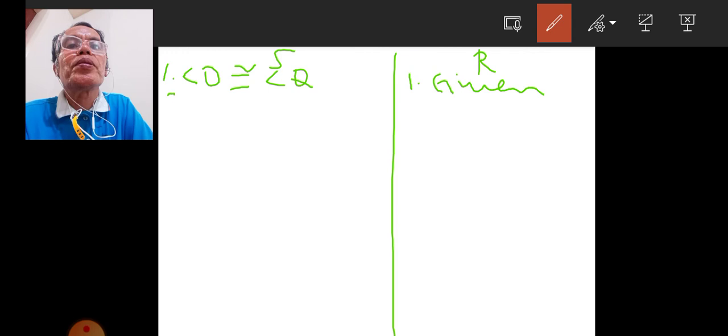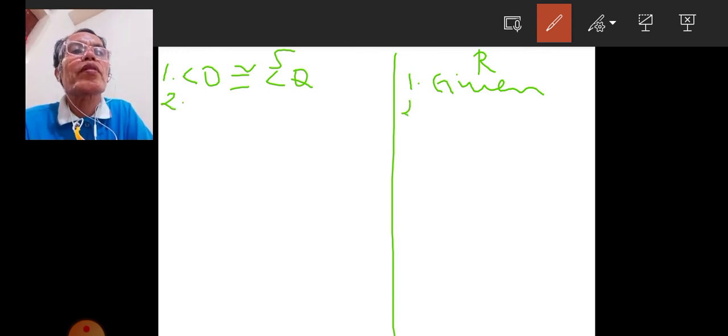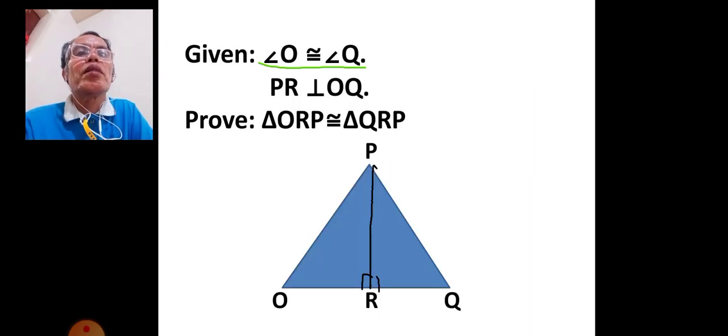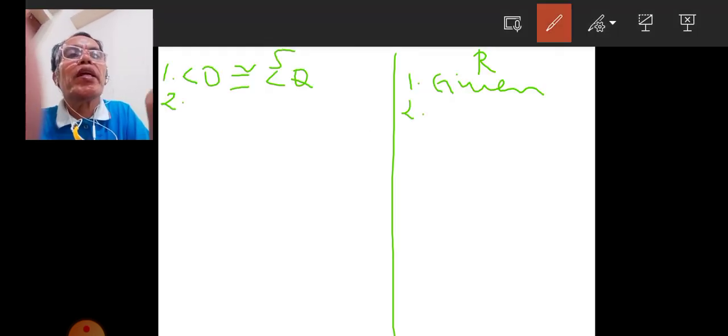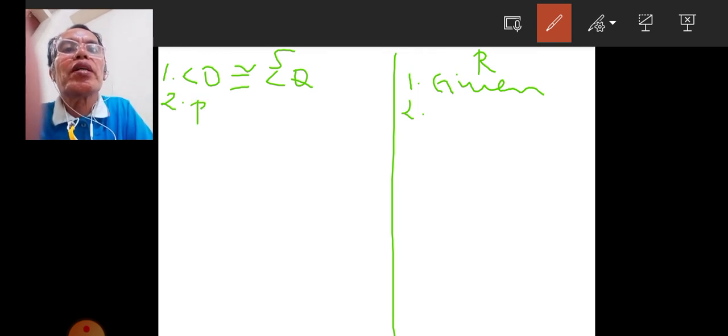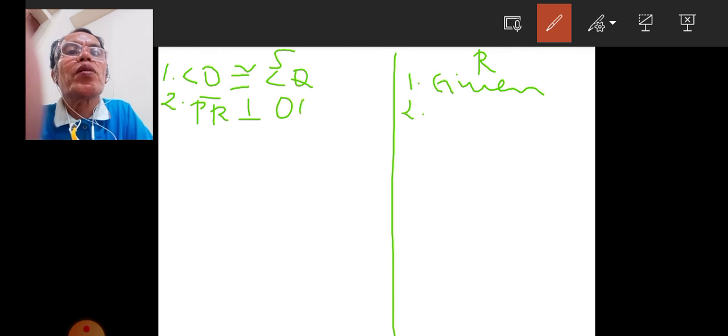Okay, number 2, PR is perpendicular to segment OQ. That is given. Number 3.